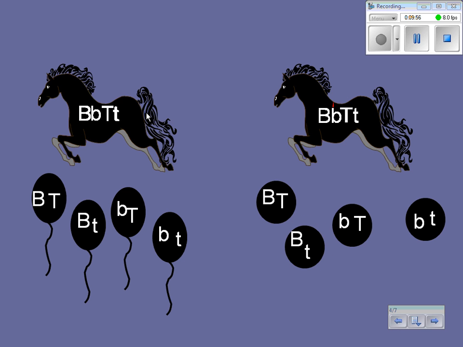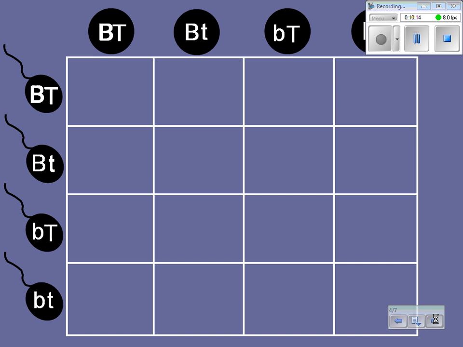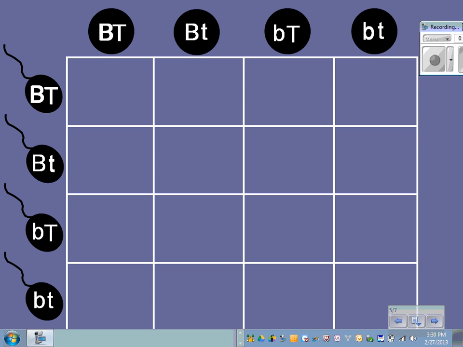And of course the other parent, that's a combination of an egg, another combination of an egg, another combination of an egg, and another combination of an egg. So when you put these together in a Punnett square, we have a 16-box Punnett square.